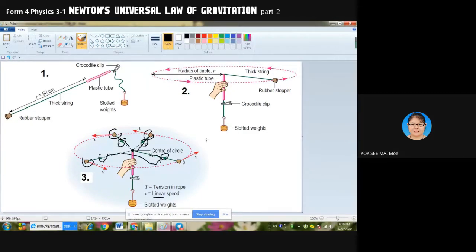Now I make it become shorter. What do you think about this tension? Shorter, the tension should become more or less? More or less, when I make it become shorter.